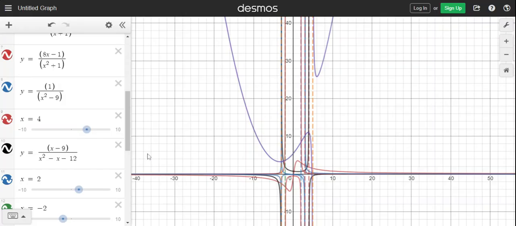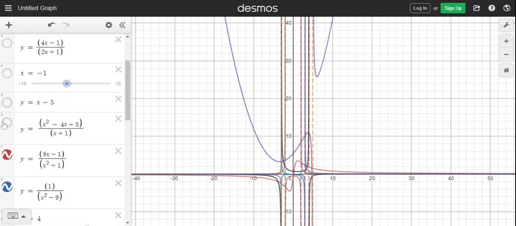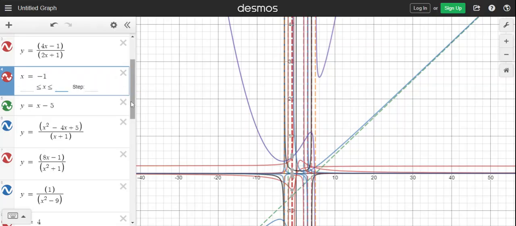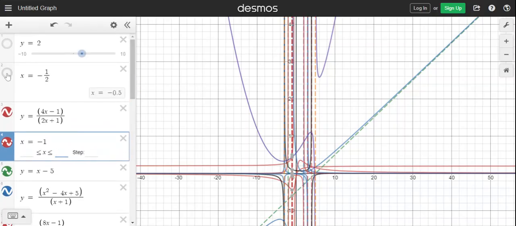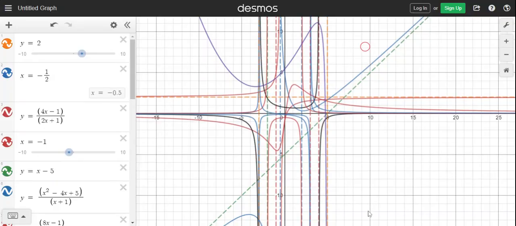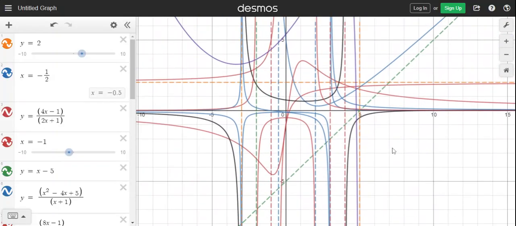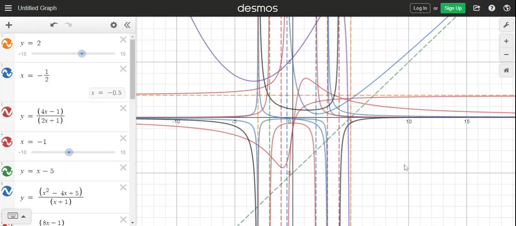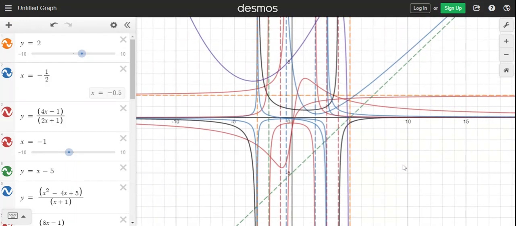All these examples, one on top of the other, show all the possibilities. This is the advantage of using technology, of course. All the asymptotes are shown with dashed lines and everything else with solid lines. So that's a whole bunch of graphs of rational functions.